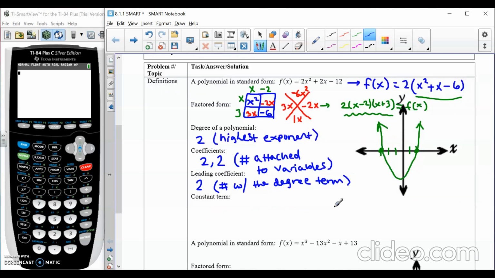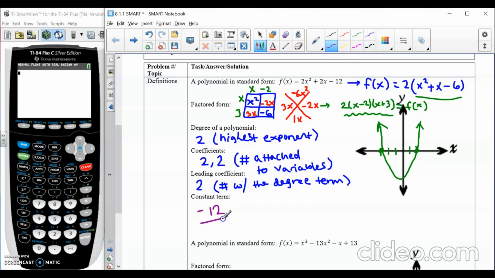That brings us then to the constant term. A constant term is the term that doesn't have any variable in it. So these two have x's in them. This one, this little negative 12, is just hanging out by itself, and that is what we are going to call our constant term. Because it's just a number, it doesn't have any variables with it, so it will never change.